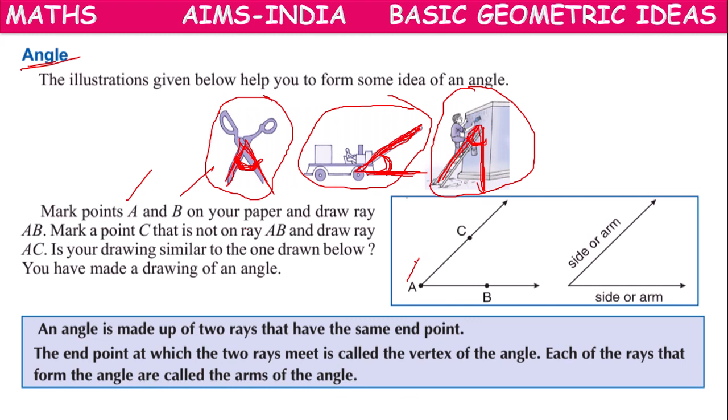This is A, this is B, and this is AB ray, means the endpoint is A. From A, it is going towards B and passing through B and can be extended in this direction. This is AB ray. Mark a point C which is not on AB ray, somewhere here. Mark point C and draw AC ray also.